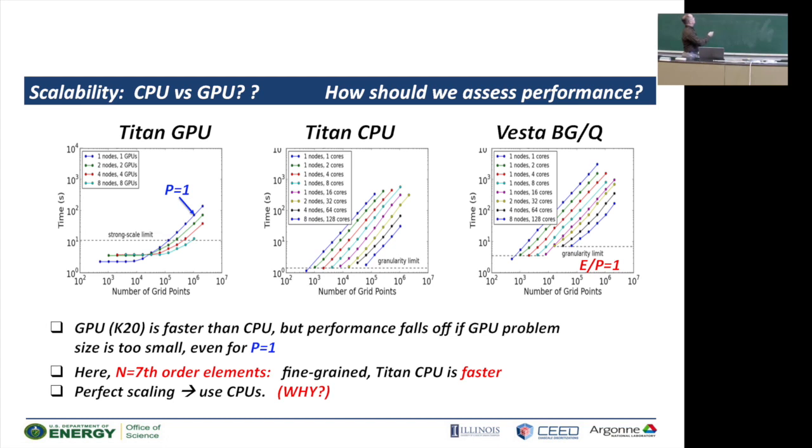So there's no penalty for this point on this blue line. So we're at 1, 2, 4, 8, 16, probably 64 cores. I don't know how many they had per CPU. And I think it would be faster to run this problem on the CPUs on Titan per node than to use the GPU.